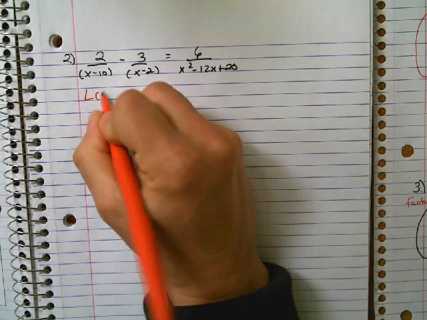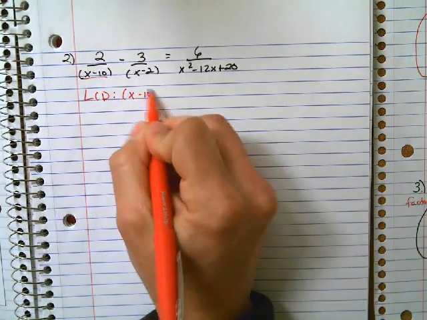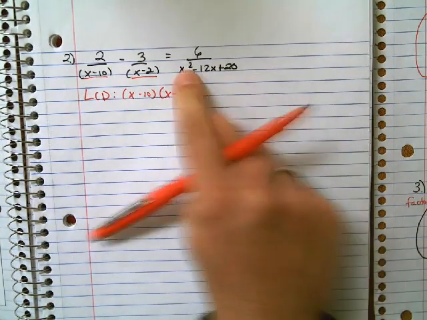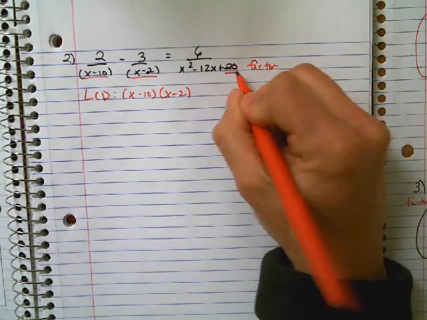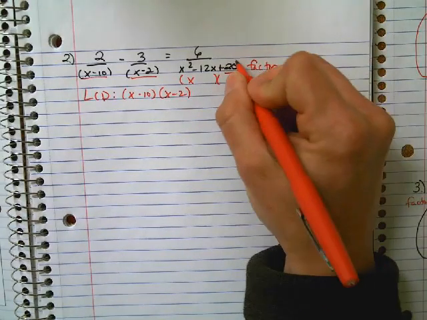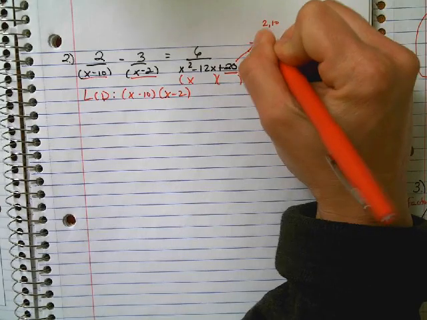So the least common denominator has x minus 10 from the first fraction, x minus 2 from the middle fraction. My right fraction has to be factored. So I'm looking for what multiplies to be 20 that adds to be negative 12. So 20 would be 2 and 10, 4 and 5.